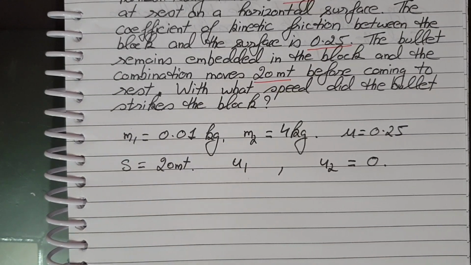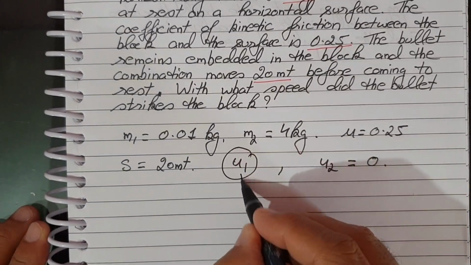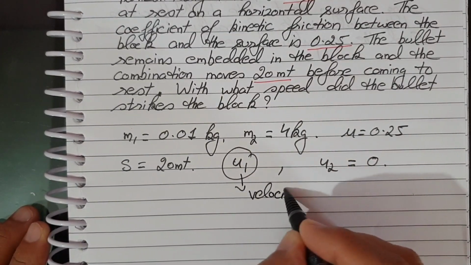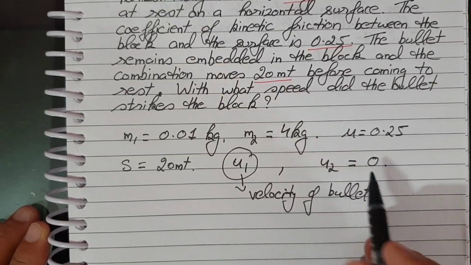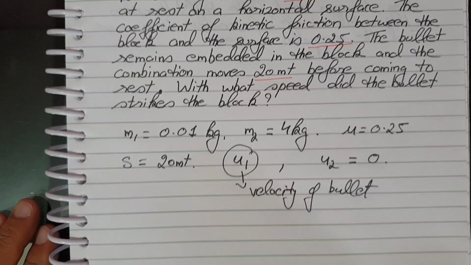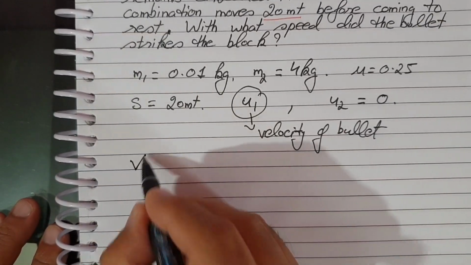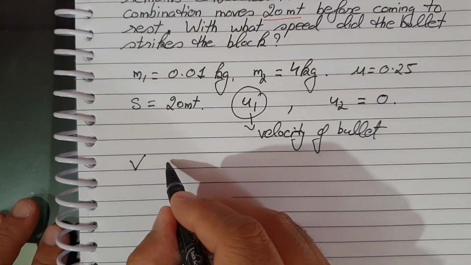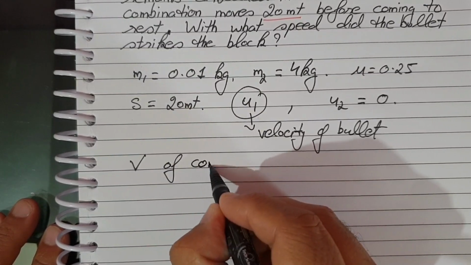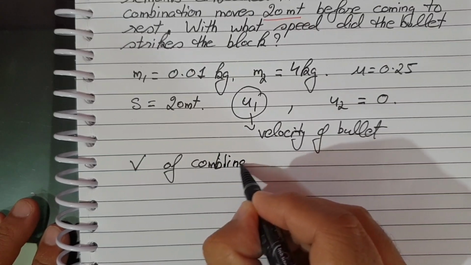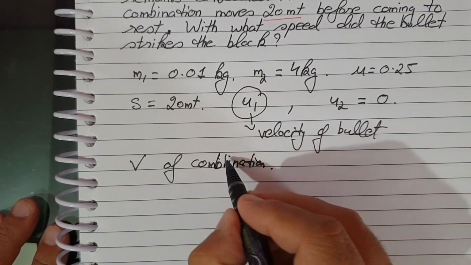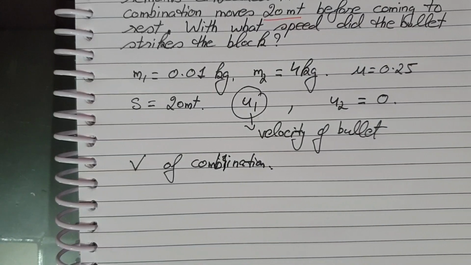Let v be the velocity with which the combination moves. Combination means when the bullet is embedded into the wooden block.